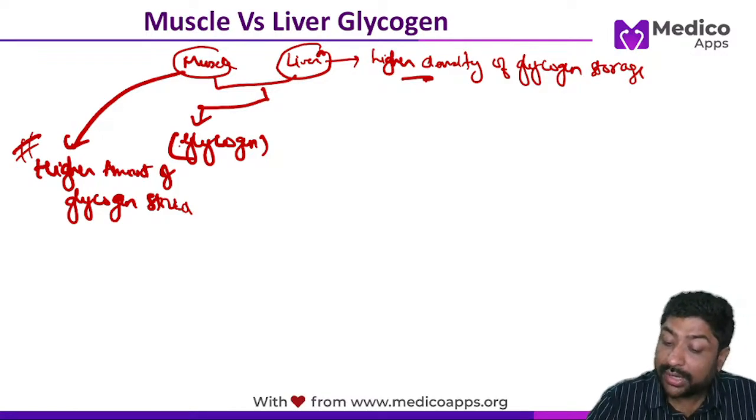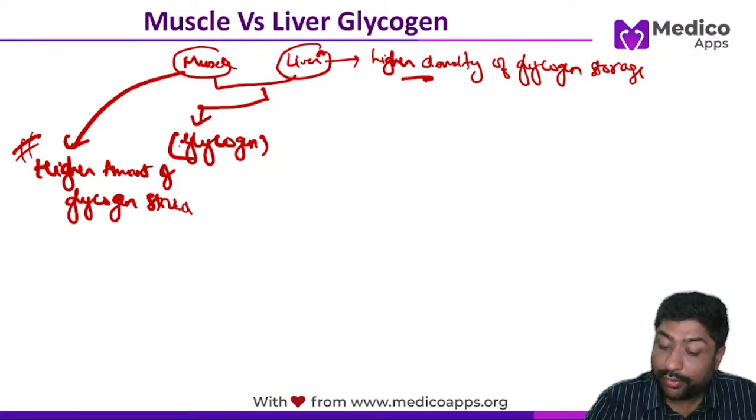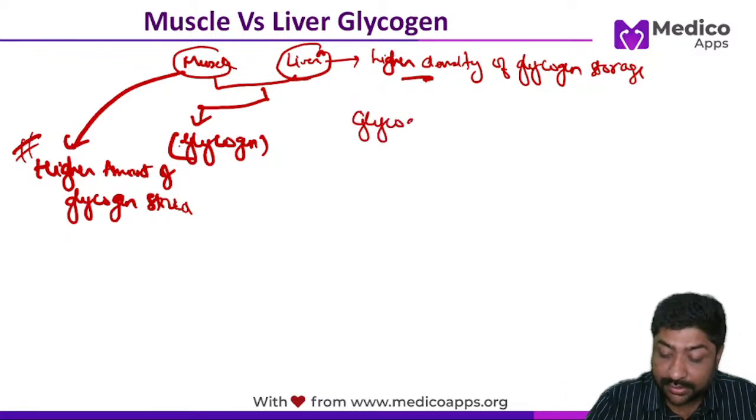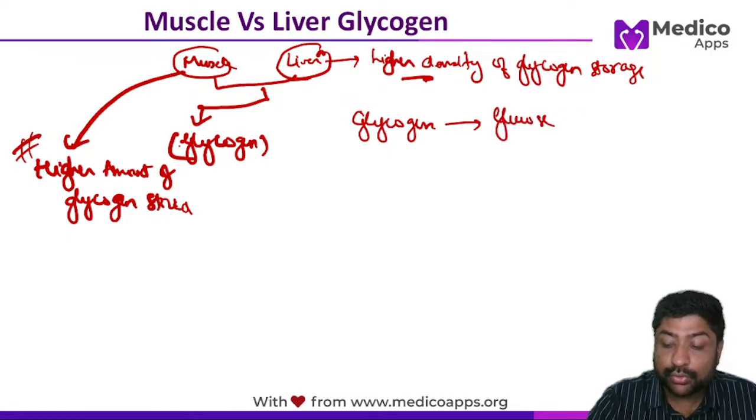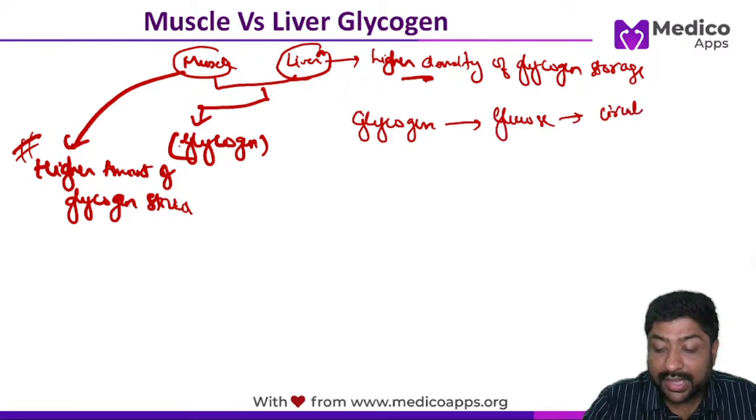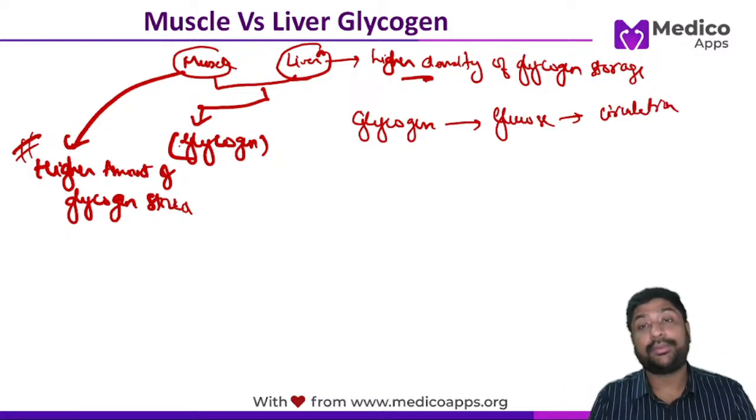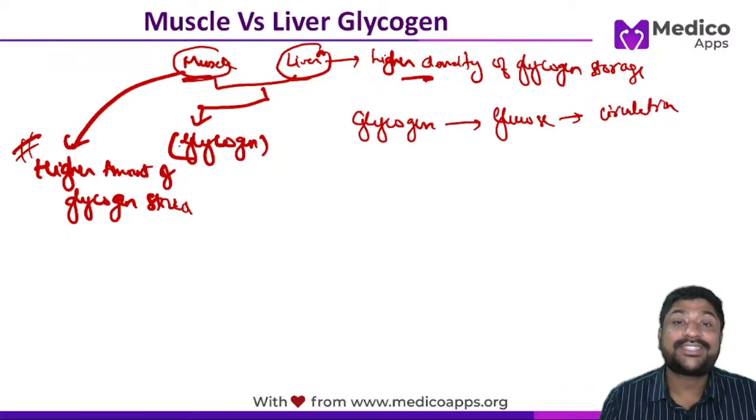Now let's look at the property. Liver is like a mother. Whatever glycogen it has, it will completely break down into glucose, and this glucose will go into circulation and be available for the entire body. Muscle is very, very selfish.